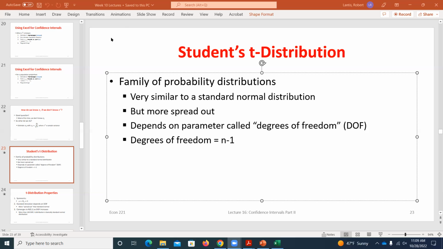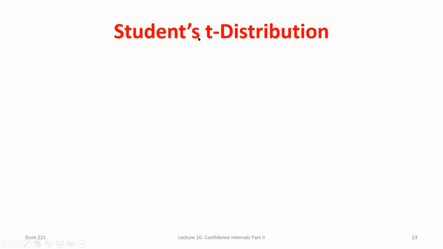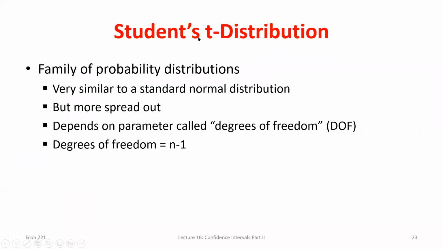Okay. Now, I kind of already mentioned that depending on what the sample size is, that sample variance will be a little bit more overinflated, right? So there's not one student t distribution, there's several of them. Every single sample size will have its own degree of freedom, or what we'll call a degree of freedom.